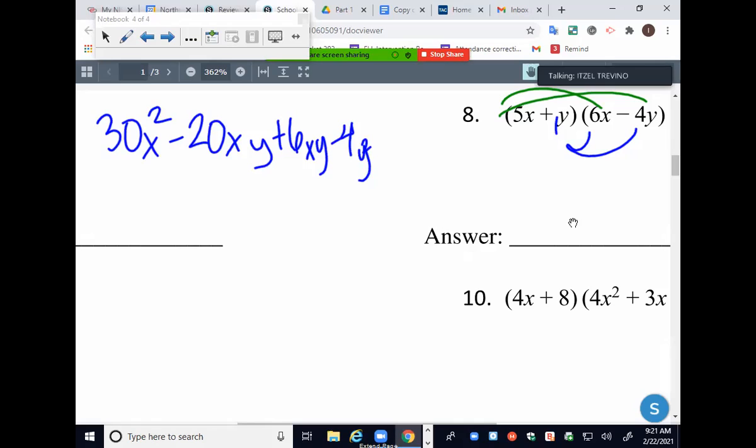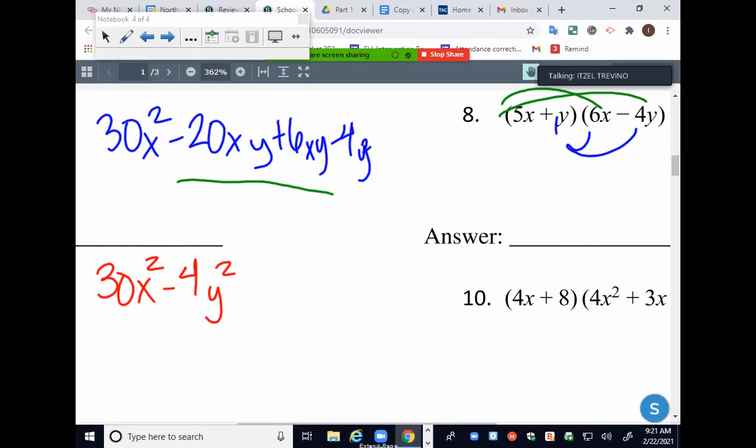So, one last time. Please combine your like terms. Please. So I don't have any other x squared terms, just one. So I'm going to write 30x squared. And then I'm going to write minus 4y squared, because they're both squared.